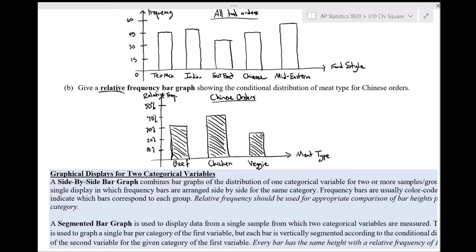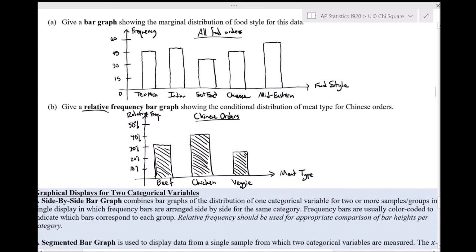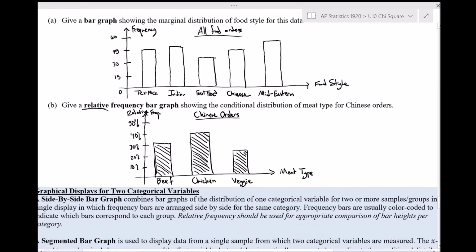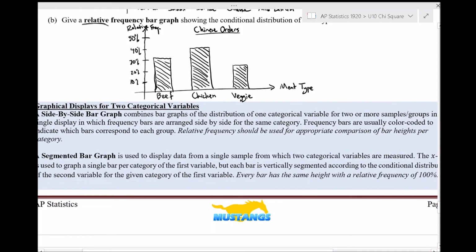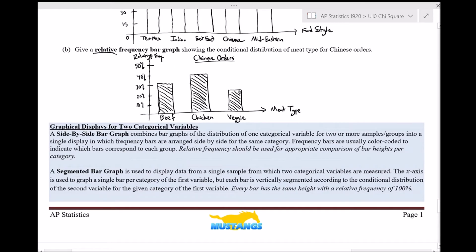So under the condition that she wants to order Chinese food, or under the condition that somebody's going out for Chinese food, this is the distribution of meat type for just Chinese orders only, as opposed to marginal, where it's just a total. It's counts for the total for that one particular variable. So no condition given.